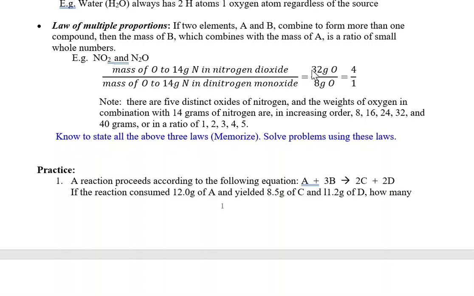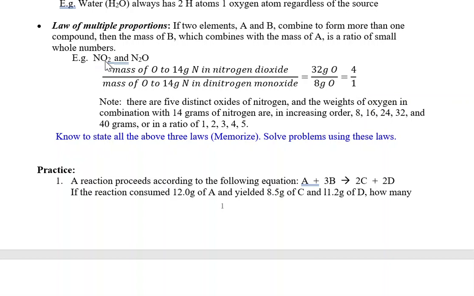So in one of these compounds, there are 32 grams of oxygen, and in another compound, there are 8 grams of oxygen, here and here. And so what we know is that this ratio, this whole number ratio, 1 to 4, it's always going to end up being 32 divided by 8. You're always going to end up with a simple whole number ratio. And the reason for that is because each one of these nitrogen atoms has a certain amount of mass.